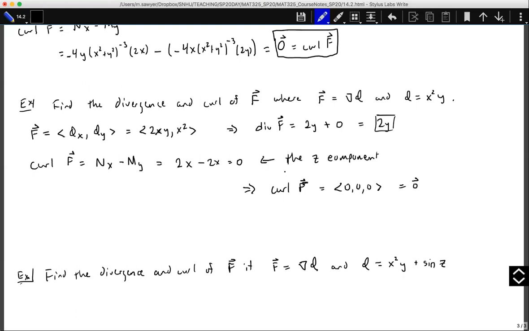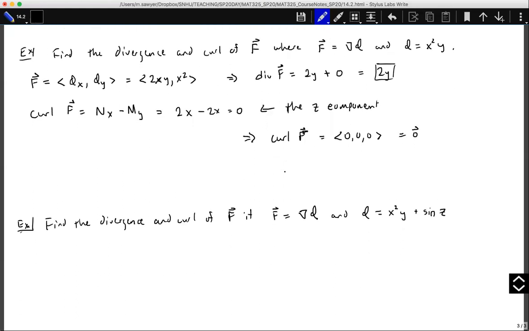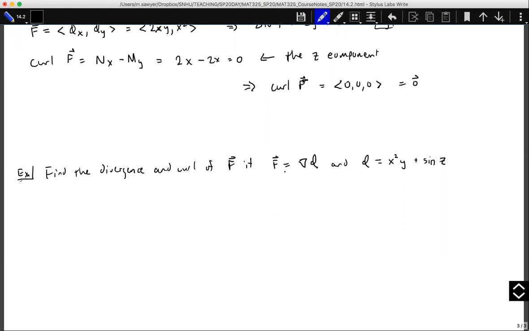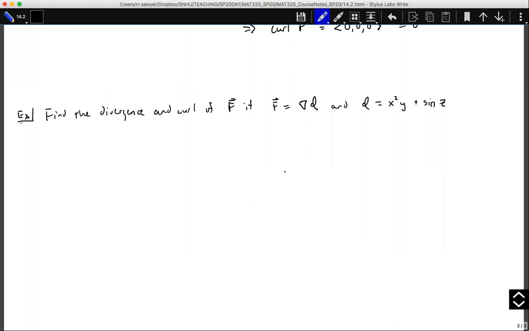So now let's take the same vector field as we started, but let's add on sine of z. So let phi be x squared times y plus sine of z. So our vector field F is 2xy, comma, x squared, comma, cosine of z.